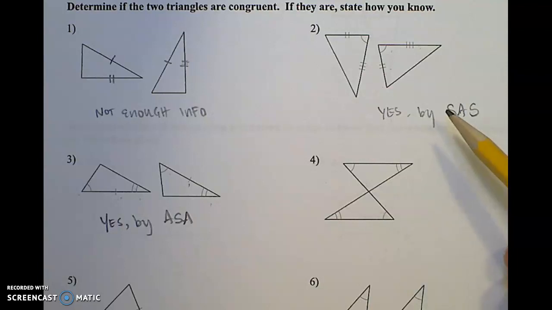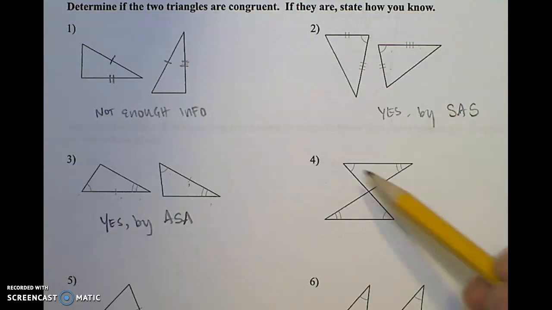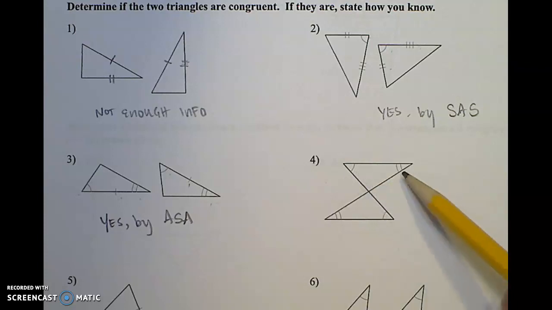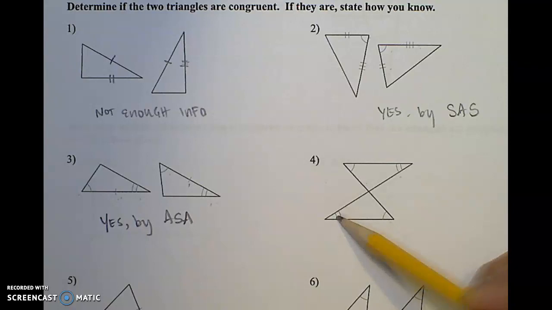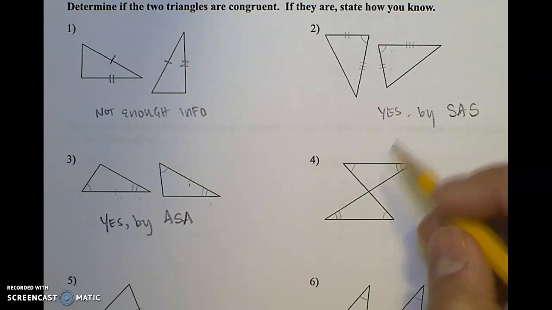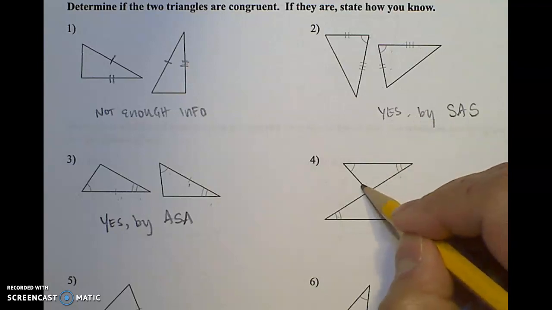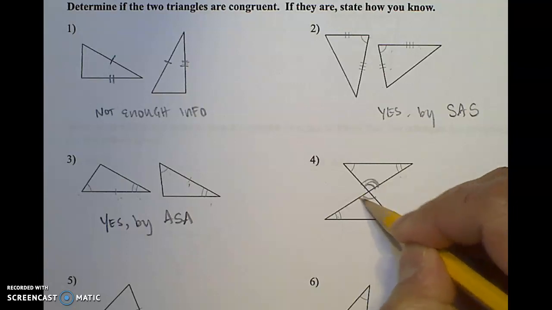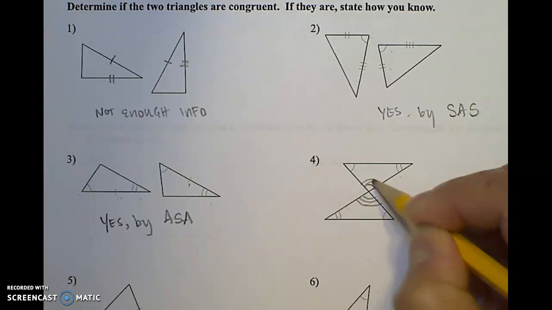We want to see what all is congruent in terms of parts. You see we have one angle from each, another angle from each, double tick mark, and that's it. Now we talked about yesterday how if you have a big old X, you can find vertical angles if needed. So again, I can mark up the triple tick mark on that angle across from here, again vertical angles, as these two angles are congruent.